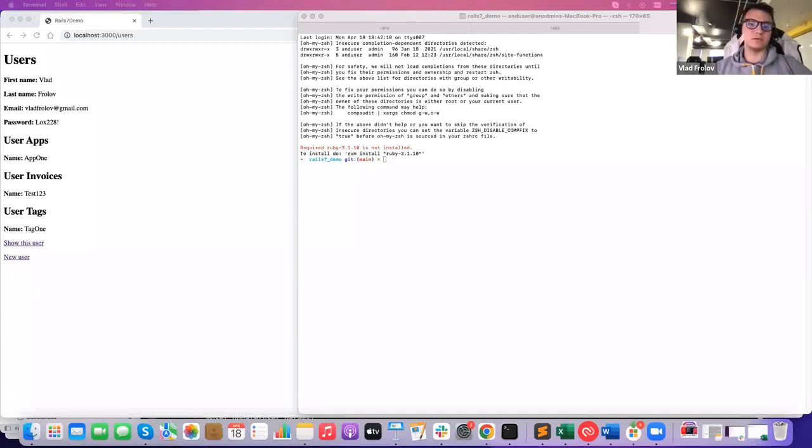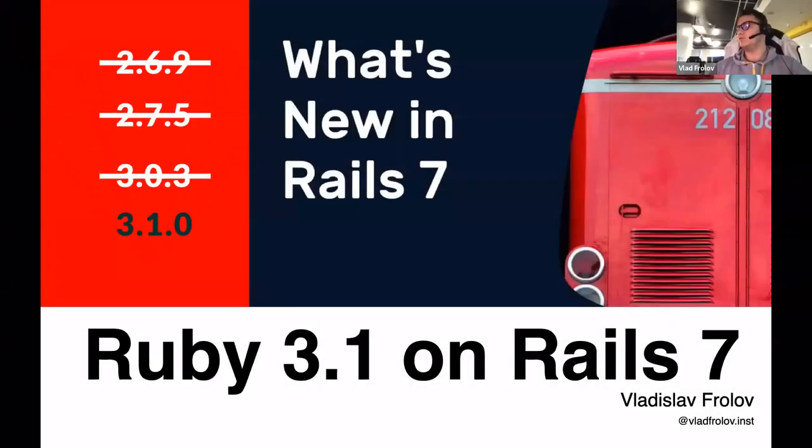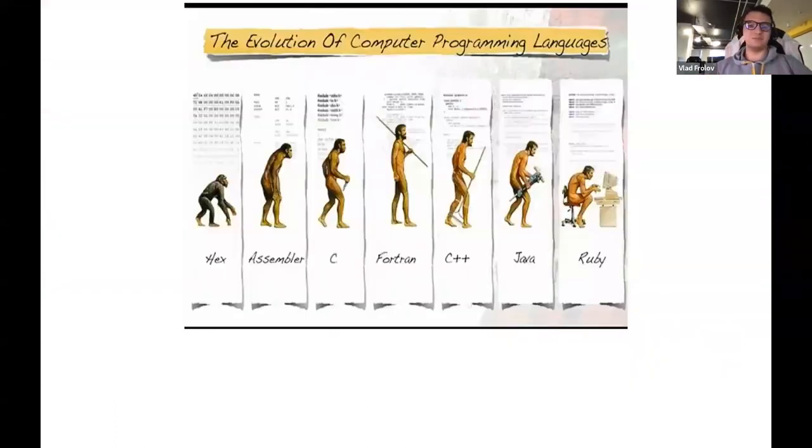Ruby 3.1 on Rails 7. In this picture, you can see the whole development and evolution of languages from hex to Ruby. First of all, it was hex, operated by some hex number commands.